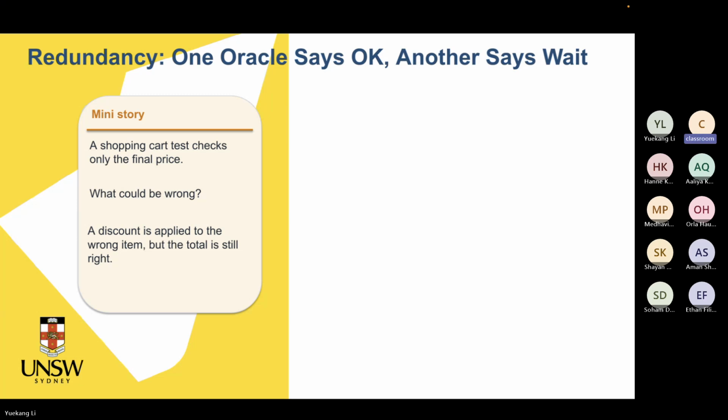If we just test the final price, we cannot capture this error. But if we check the price of each item against its own price, then we can capture the bug of a wrongly used discount voucher.